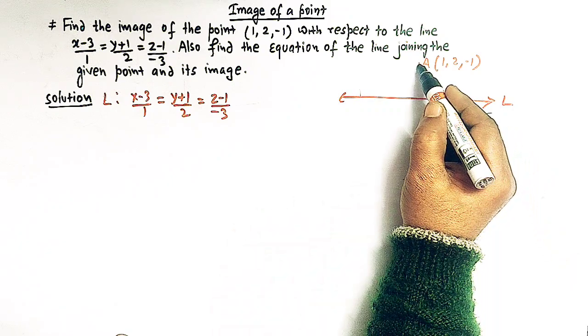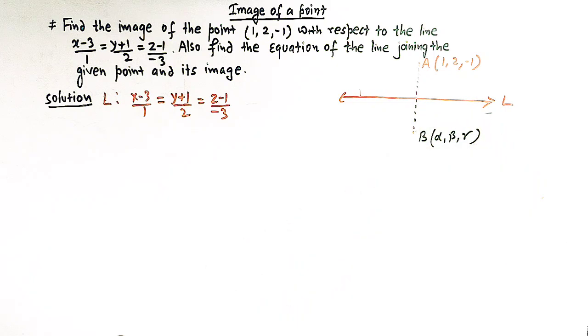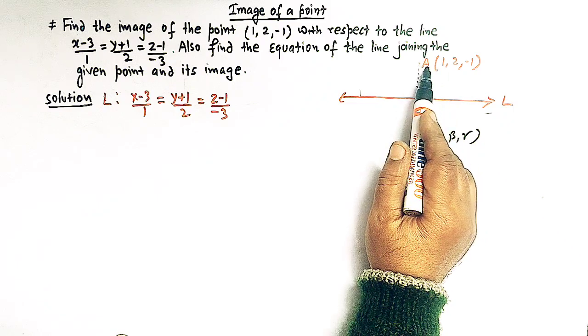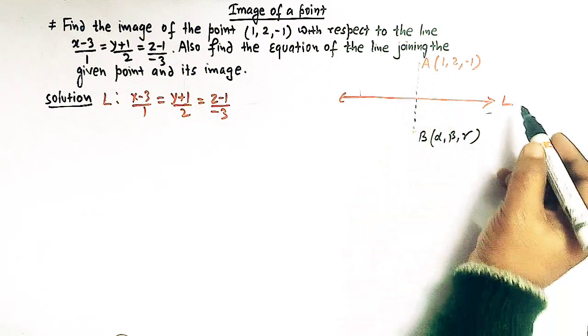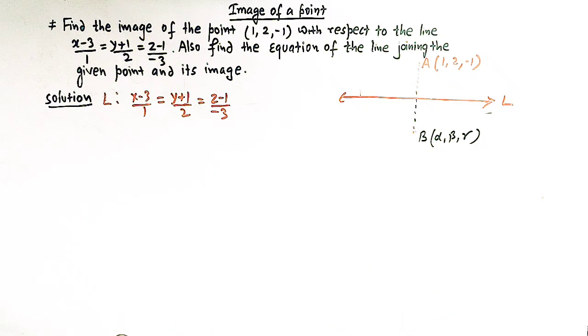So let us join A and B. Here it is important to note that when we find the image of this point A as B, then this line L acts as a mirror, right?